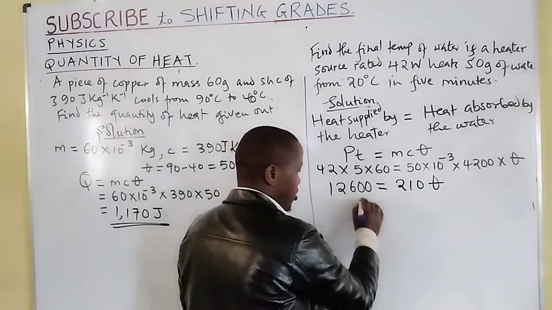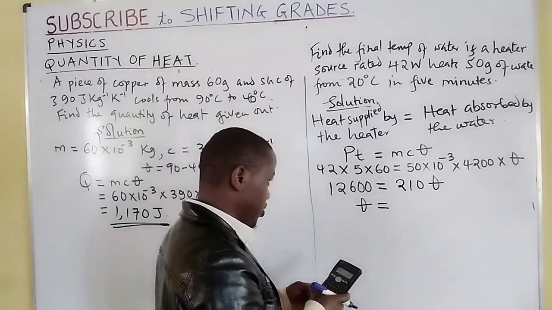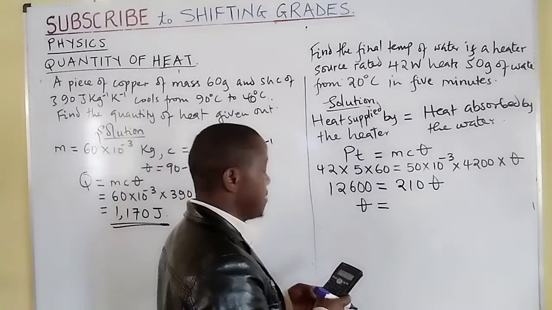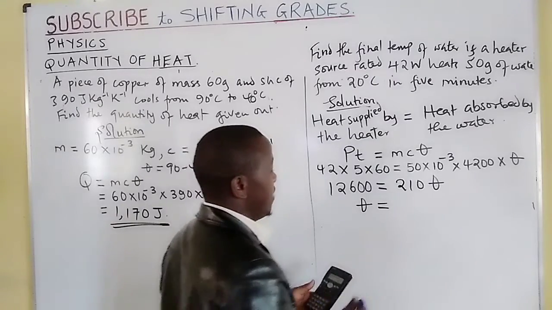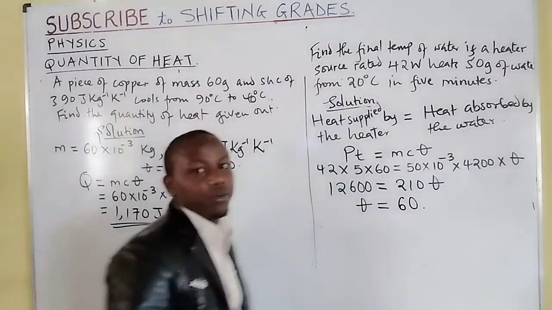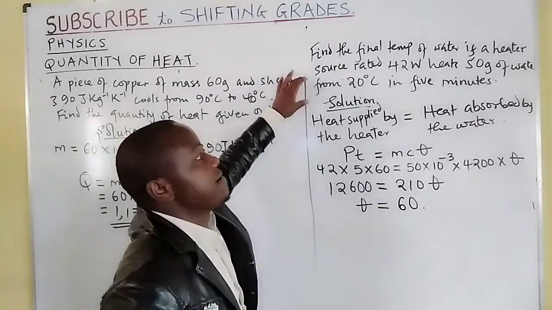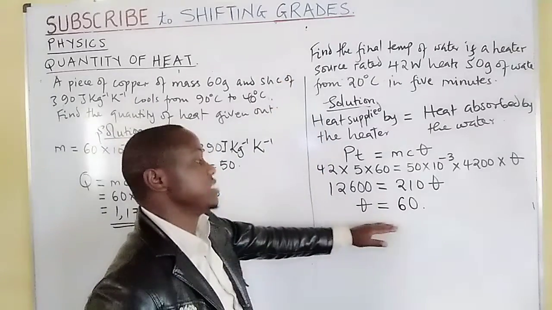Therefore, we can get the change in temperature by dividing 12600 by 210. This is giving us 60. So now the temperature of water has varied by 60 degrees.